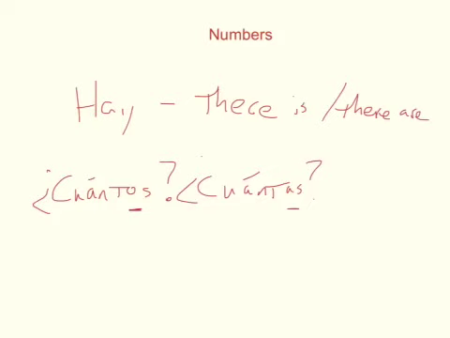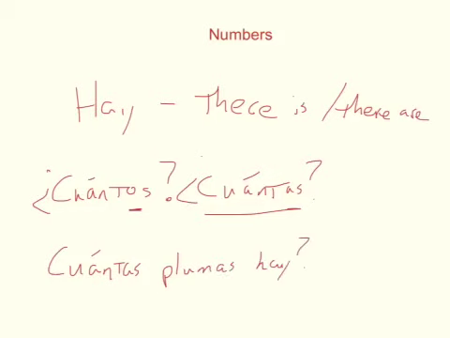And so we're going to use the feminine word, cuantas. And so we're going to say, make sure you get your accent, cuantas, which means how many pens are there? Make sure that you end with a question mark, and make sure that you begin with a question mark as well. ¿Cuántas plumas hay?